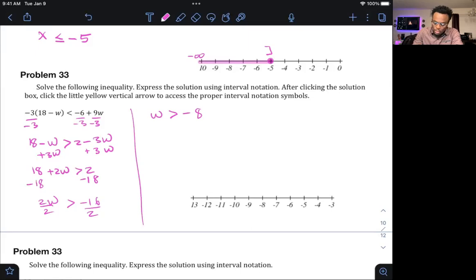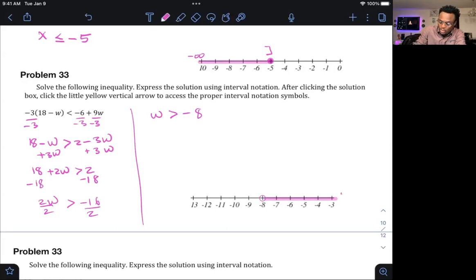So if W is greater than -8, that is a non-included inequality. So that will be an open circle on -8, and it goes to the right because everything beyond -8 on the right would be a solution, but not including -8 because it was strictly greater than.